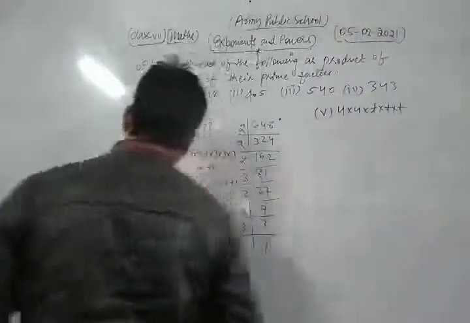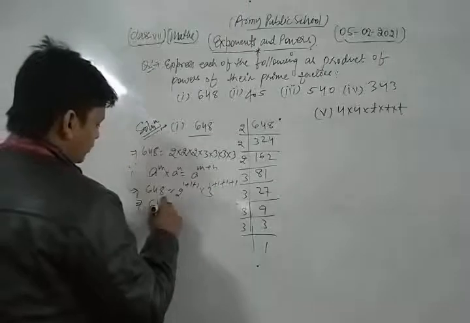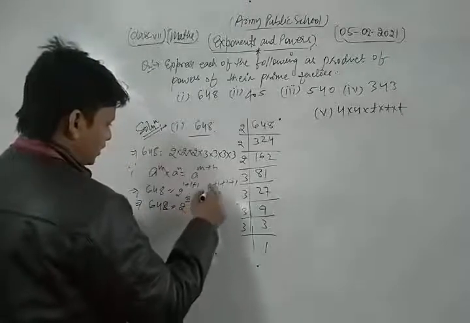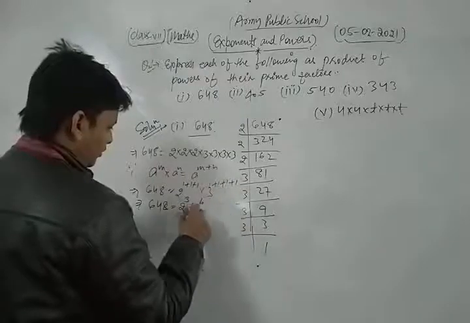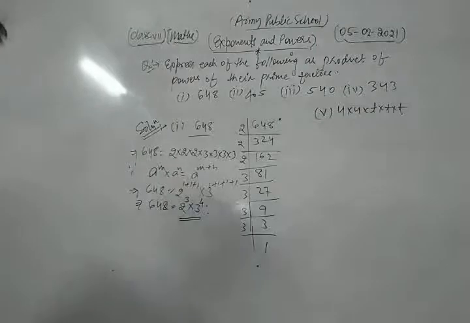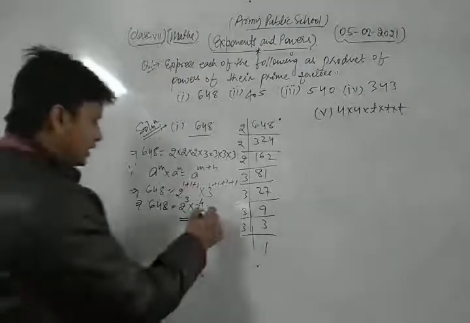Now we simplify them. That is, we get 648 is equal to 2 to the power 3 into 3 to the power 4. So this is the required solution.